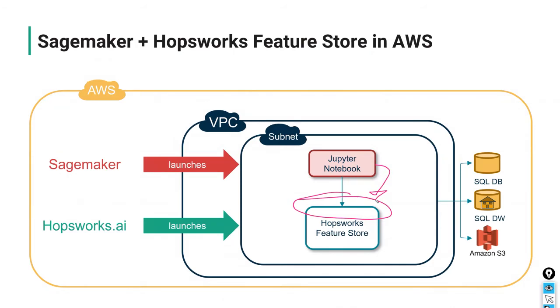And then for accessing other services, so being able to access S3 or a data warehouse or an operational SQL database, primarily you will still be using IAM roles as a security framework for accessing those external services. So we're going to use the IAM role in our SageMaker notebook as well to retrieve an API key for this Hopsworks feature store and to connect to it. And we'll look at that in the demo.